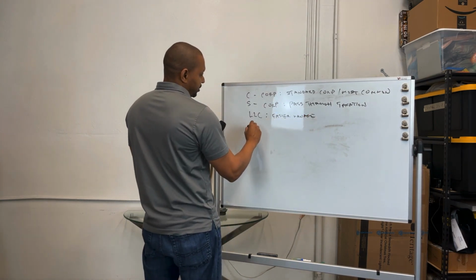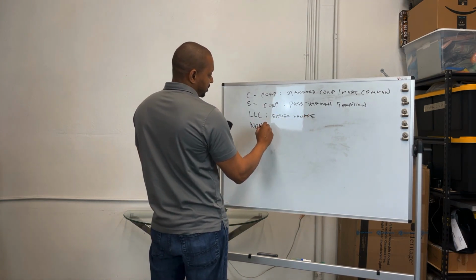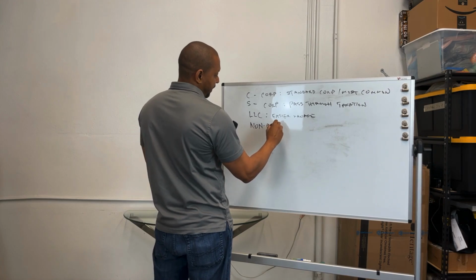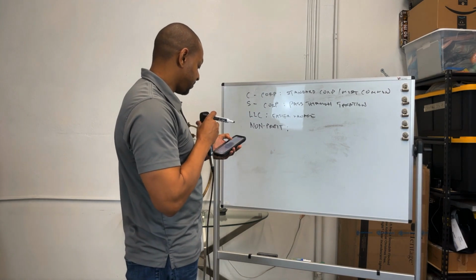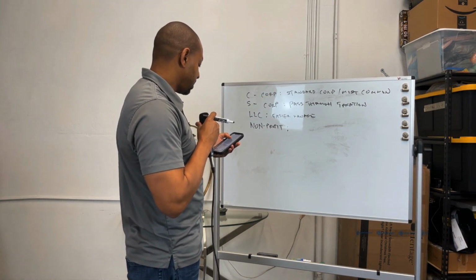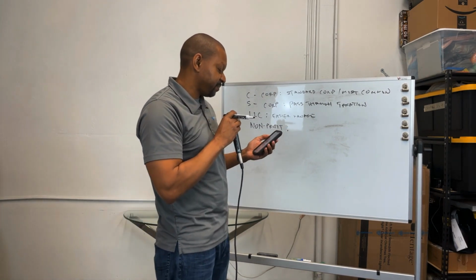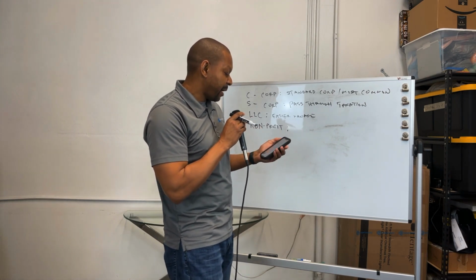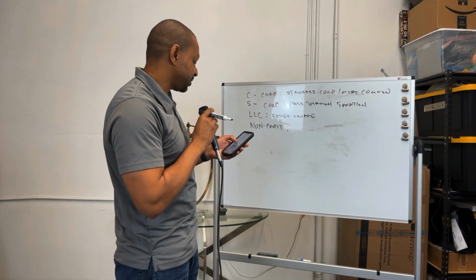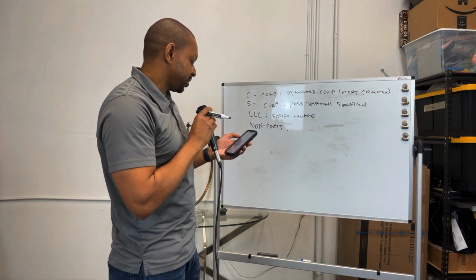And then the last one is nonprofit. Nonprofits aim to make profits, but to reinvest all the income back into their operational missions. However, successful nonprofits can manage substantial budgets.